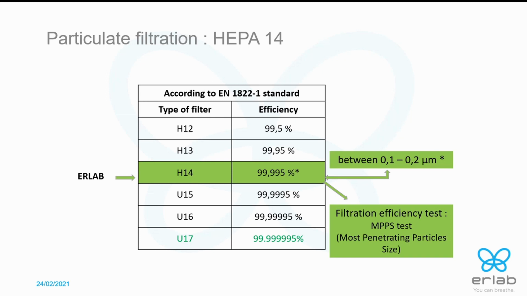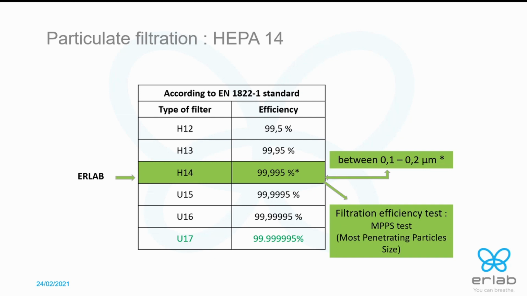Why this specific size? To make it simple, the size of the most difficult particle to filter is called the most penetrating particle size. We use the most difficult to filter as the reference point, so we can tell the efficiency.